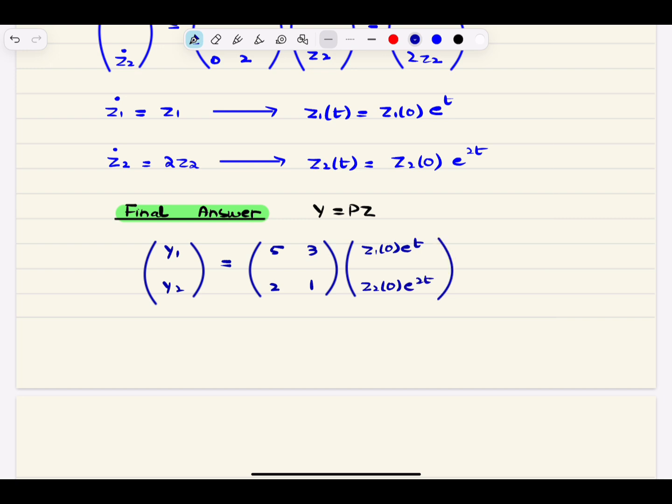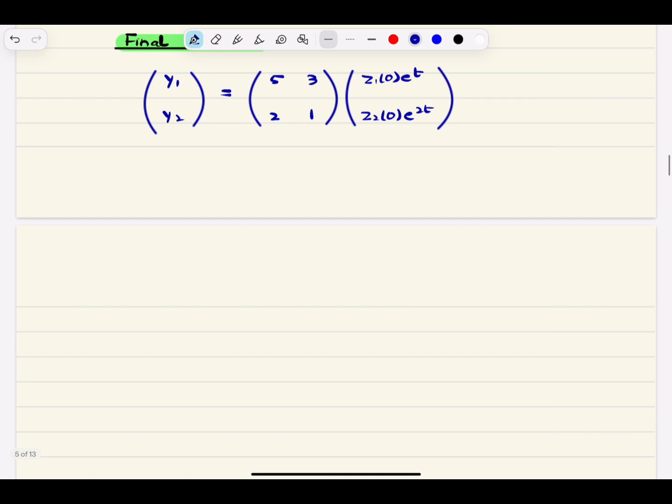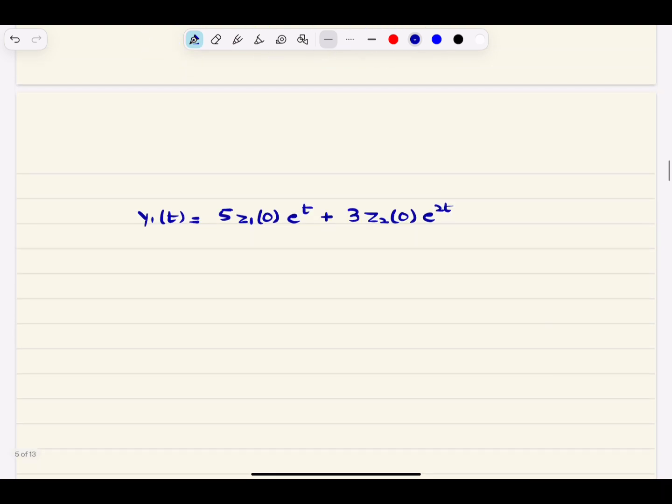Okay, so once I open this row into column, z1(t) is basically 5. y1(t) is equal to 5 z1(0) e^t plus 3 z2(0) e^(2t).